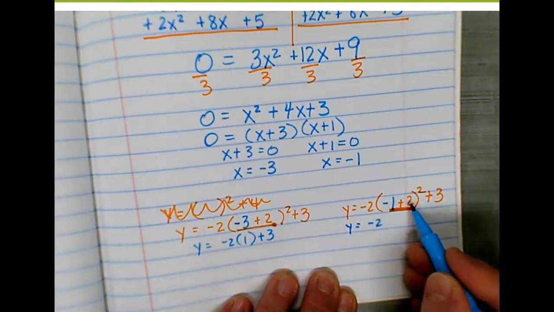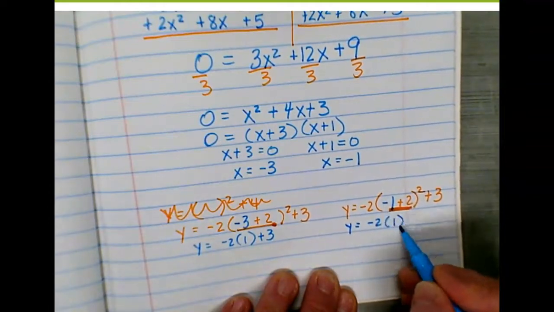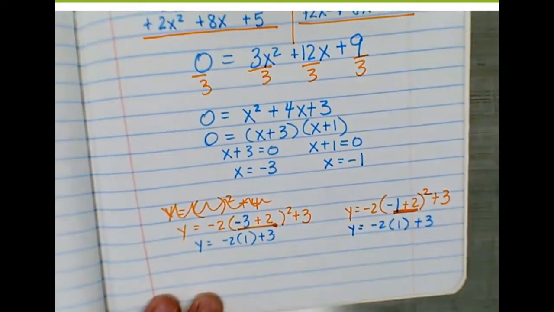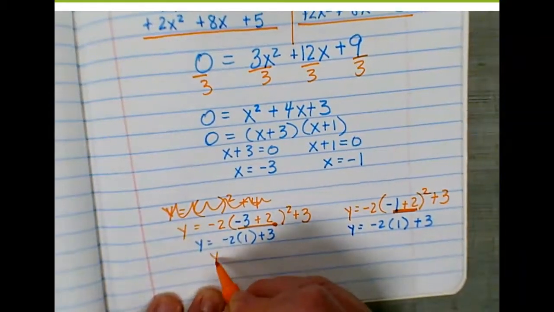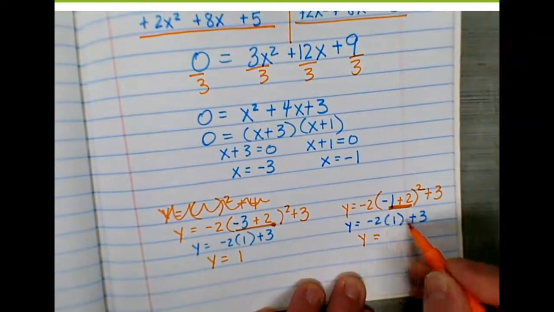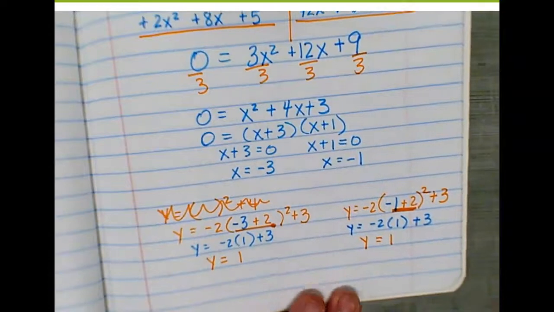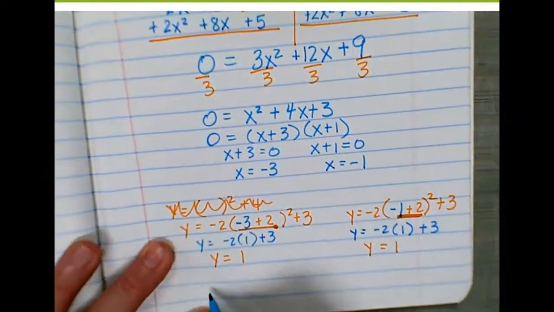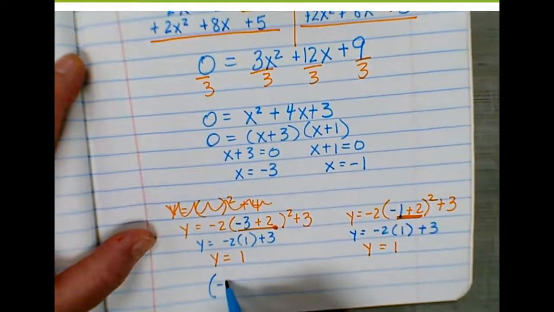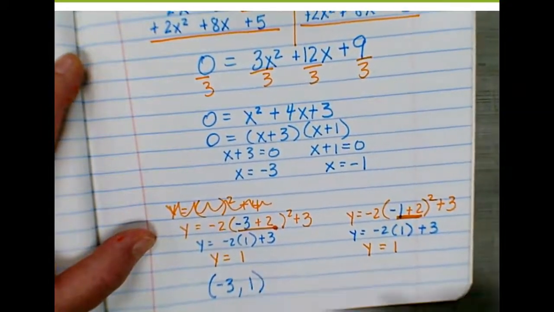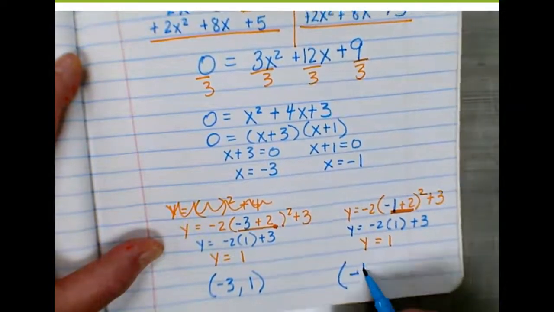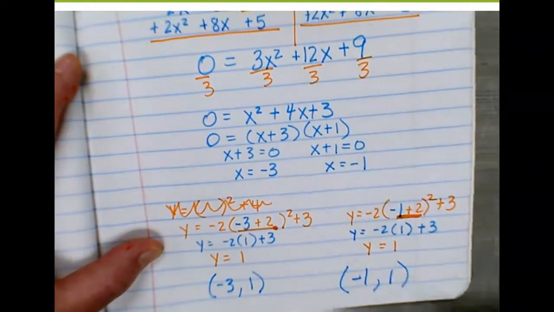That's 1, and 1 squared is 1. And so both of these y values are going to be 1. So my first intersection point is going to be -3, 1, and my second intersection point is going to be -1, 1.